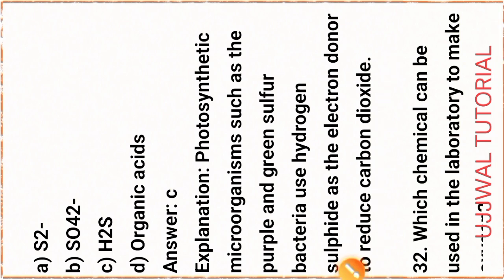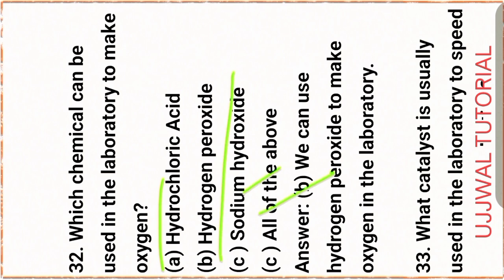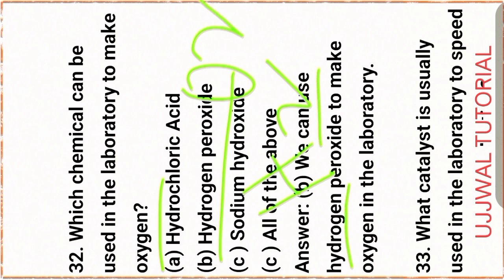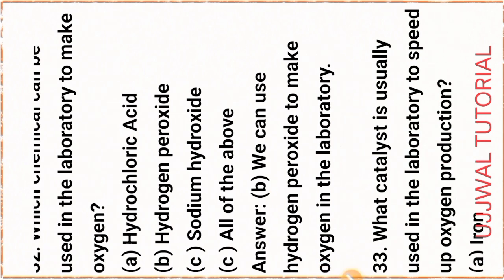Next question, number 32. Which chemical can be used in the laboratory to make oxygen? Option B, hydrogen peroxide, formula H2O2. You can use hydrogen peroxide to make oxygen in the laboratory. Next question, number 33.